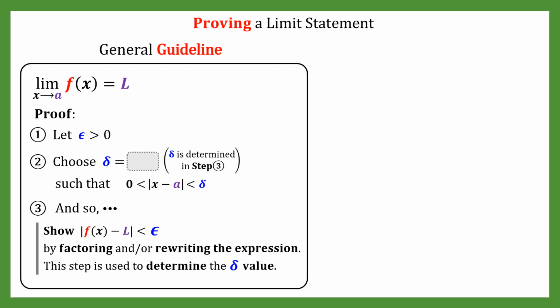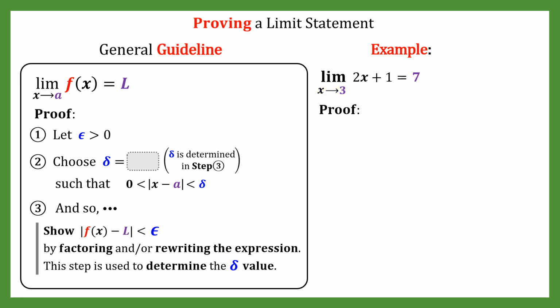With this guideline in mind, let's look at an example. Consider the following limit statement. This statement says the limit of the function 2x plus 1 equals 7 as x approaches 3.